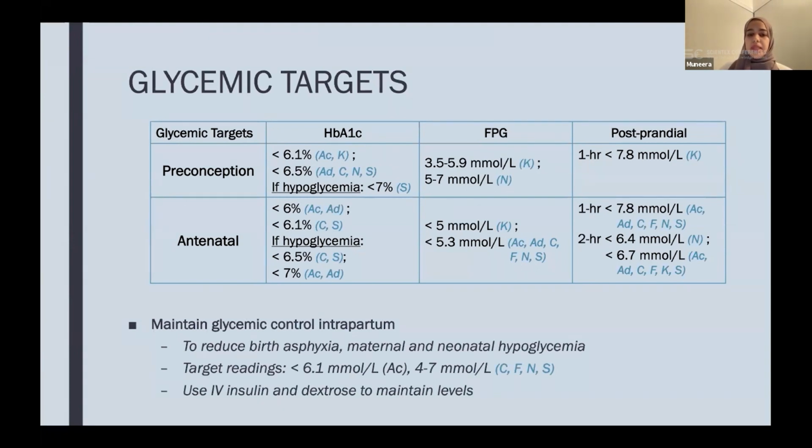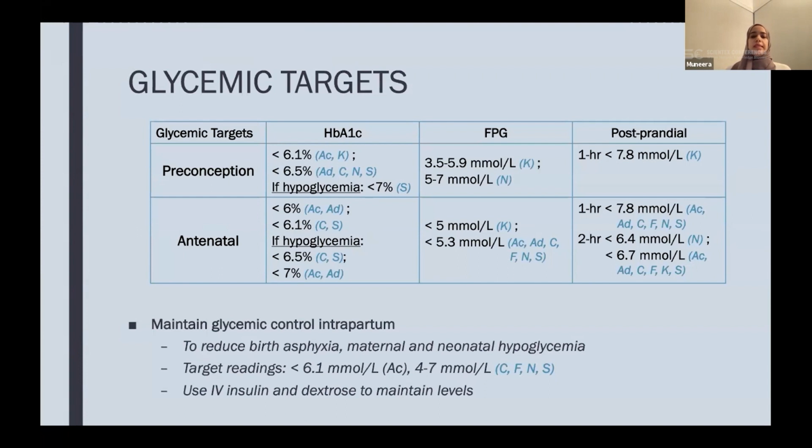Antenatally, we use a lower target for HbA1c only because there is a higher red cell turnover during pregnancy. And for fasting plasma glucose, our institute has a lower target of less than 5 millimoles per liter. And postprandially, you can also see that at 2 hours, NICE has the lower target.